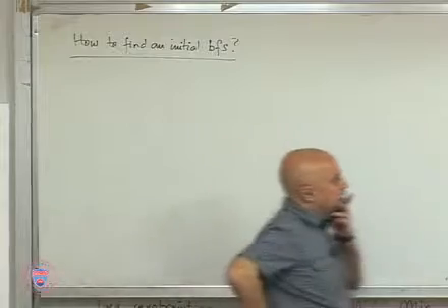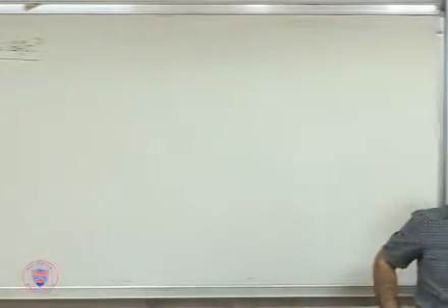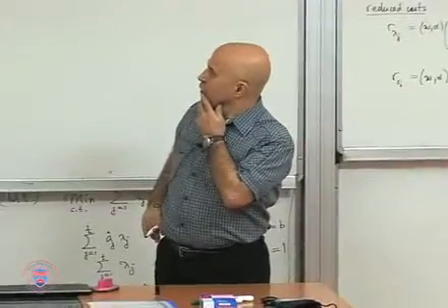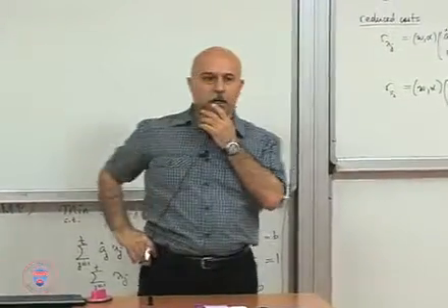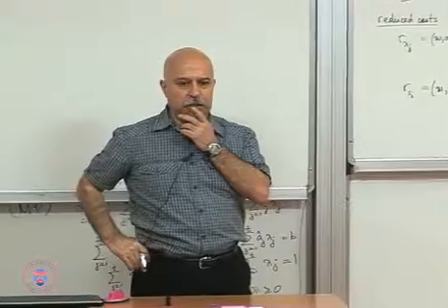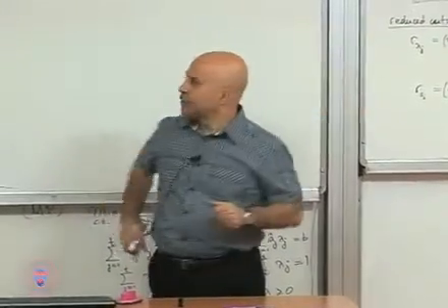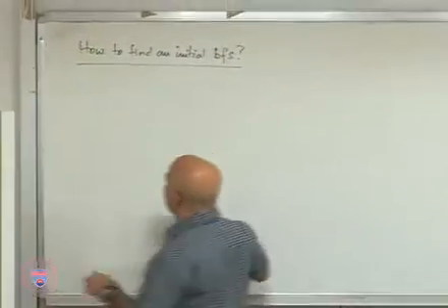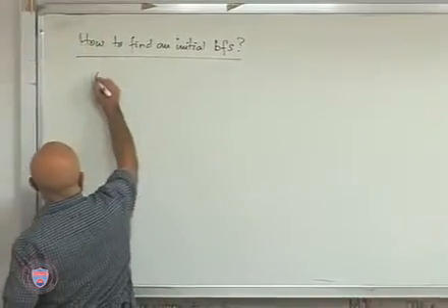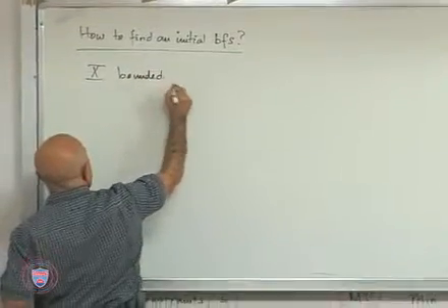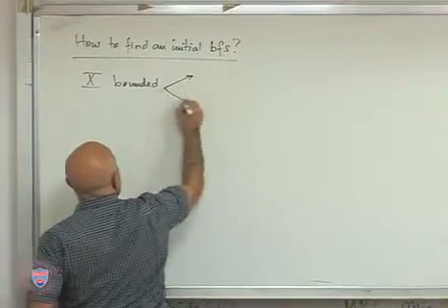So before I continue with the unbounded X case, let me address the question of how we find an initial basic feasible solution for both cases. In this case, I'm still assuming X is bounded by assumption. There are two cases.